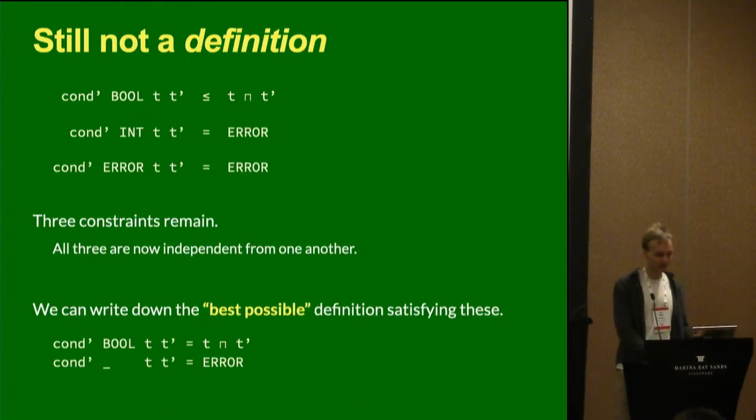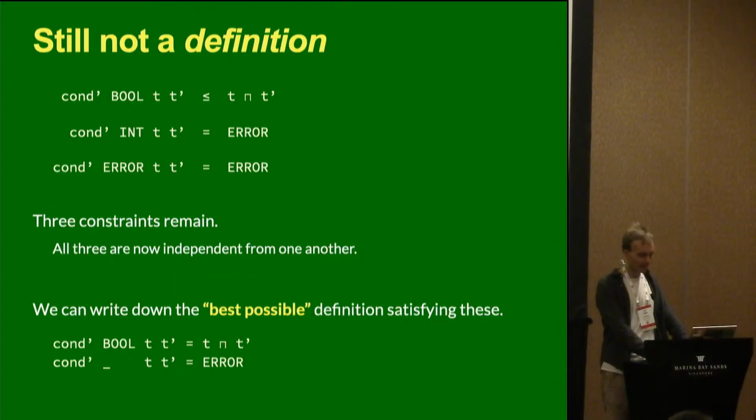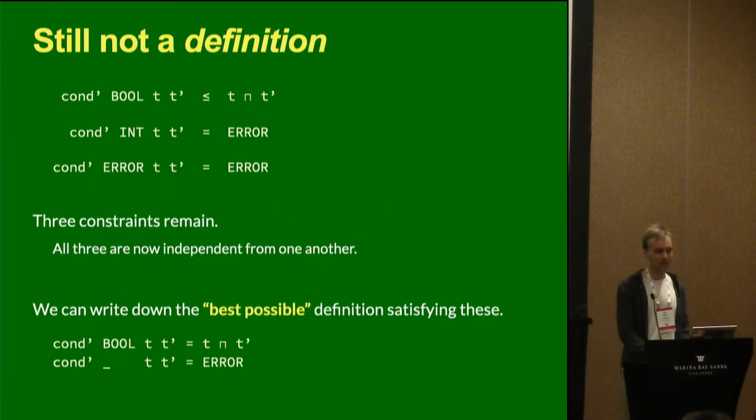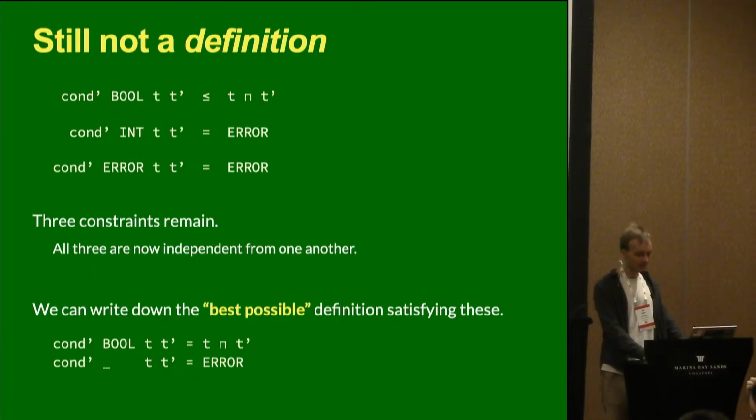So we now have 3 constraints rather than 4, and this is great because this lets us literally just write down the best possible definition in some sense, the sort of largest possible definition satisfying these 3 constraints, and we just do that by changing all of the inequalities for equal signs. And also we can combine the last 2 because they both have error.